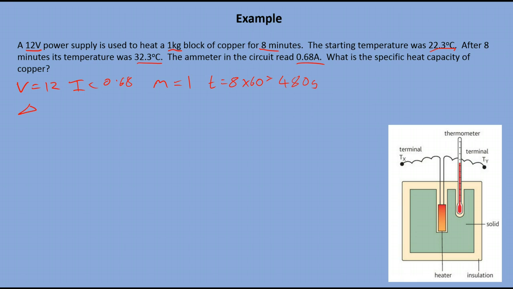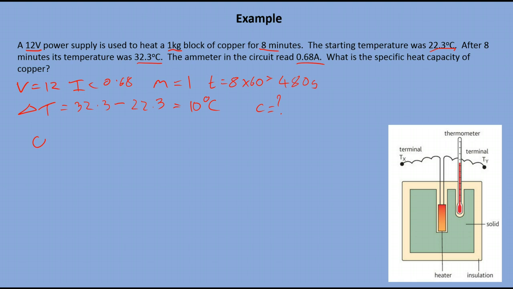We know that delta T is 32.3 minus 22.3, which conveniently gives us 10 degrees C, and we need to find what the specific heat capacity is.